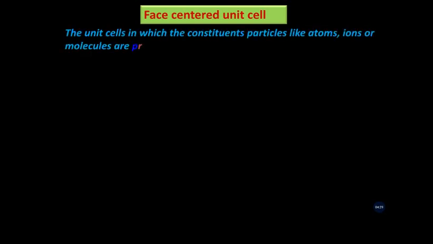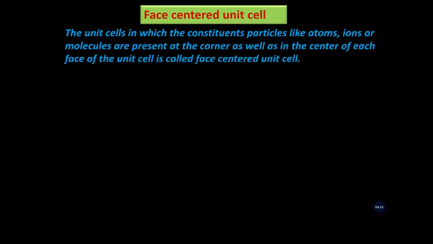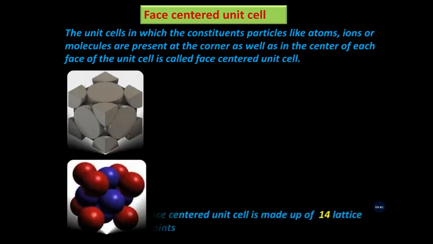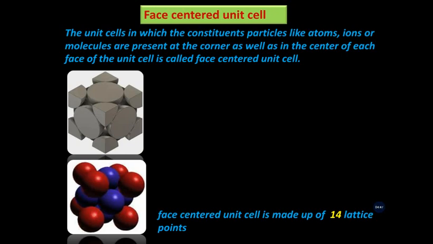Thus, the unit cell in which the constituent particles like atoms, ions or molecules are present at the corner as well as in the center of each face of the unit cell is called a face-centered unit cell. In this structure, 8 atoms are present at the corners of the unit cell similar to the simple cubic unit cell, and 6 atoms are located in the center of the 6 faces of the unit cell.